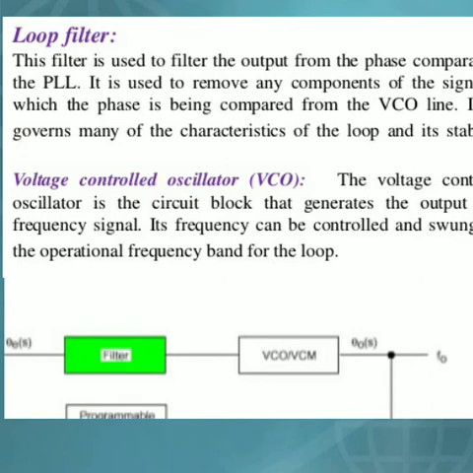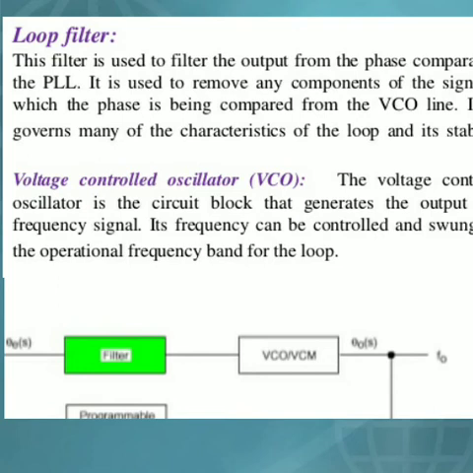It is used to filter the output from the phase comparator. It is used to remove any components of the signals of the phase being compared from the VCO line. The third block in the PLL is the voltage controlled oscillator.